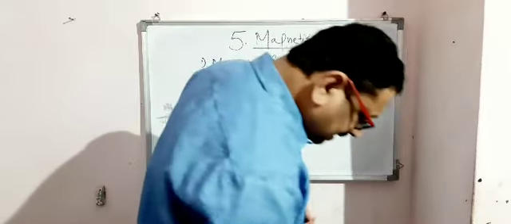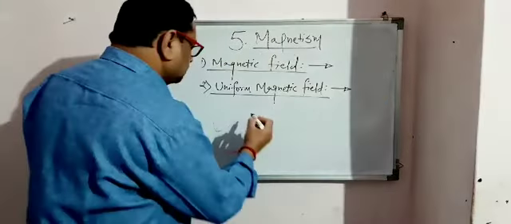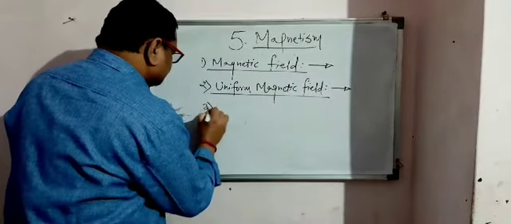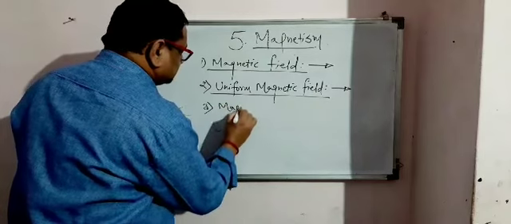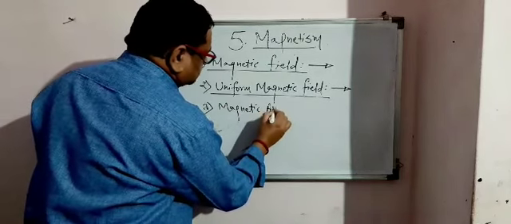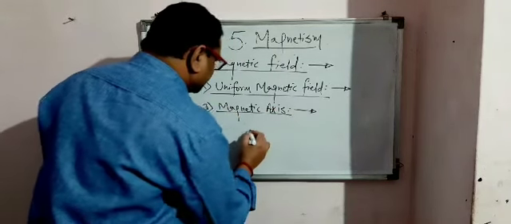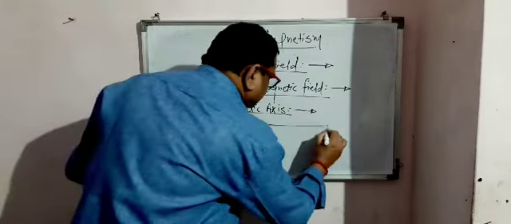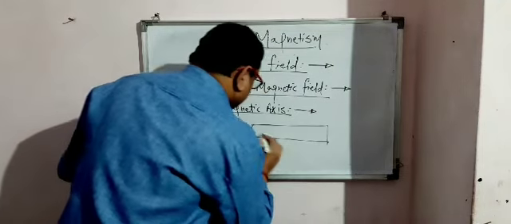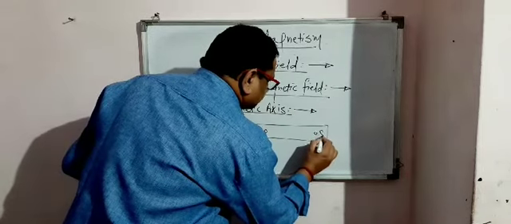The third point is the magnetic axis. Let us draw the diagram for the magnetic axis. This is a magnet. This is the north pole, here is the south pole.